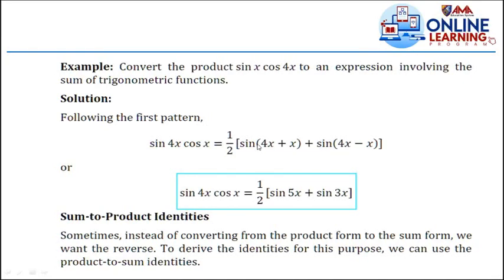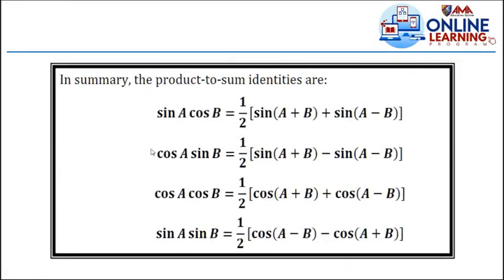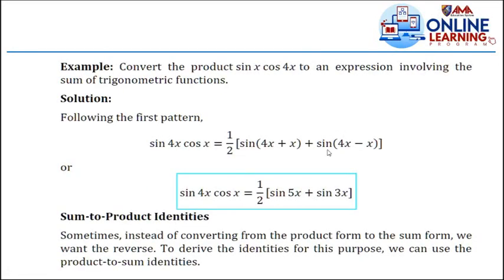So we arrange it following the pattern. This is the formula we used: sine A cosine B is equal to 1 over 2 sine A plus B plus sine A minus B. This one represents A, and this one represents B.